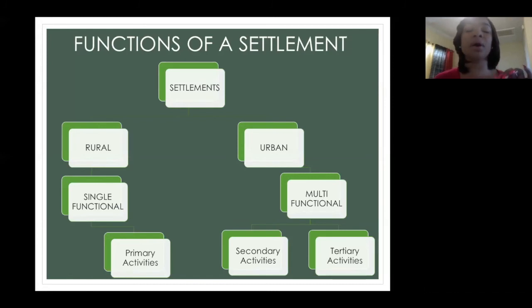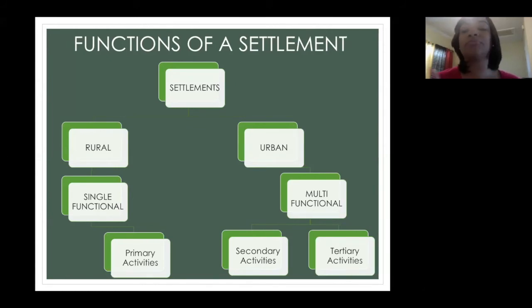Remember, rural is countryside, and urban are your cities and your towns. These ones are more advanced, okay? Because rural areas are not as advanced, or not advanced at all in some cases, as our urban areas, these ones are going to have single functions. These functions are typically those of your primary areas.